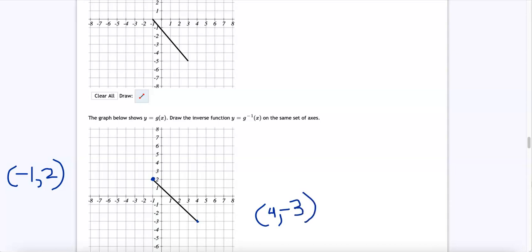So for the inverse, I want to switch the x and y. Instead of -1, 2, I need 2, -1, which is down here. And instead of 4, -3, I need -3, 4, which is up here. And then I am going to connect those 2.